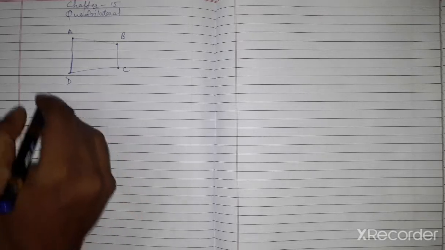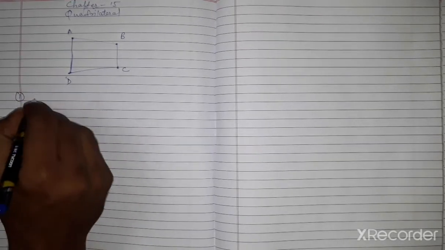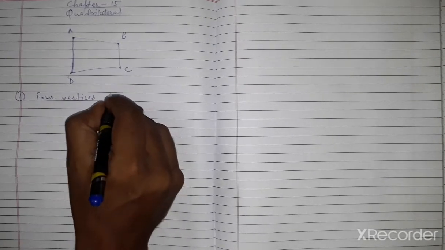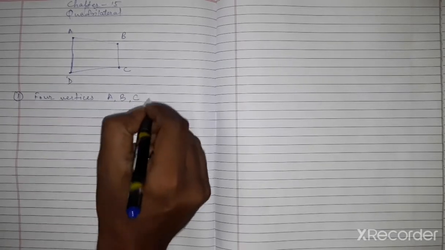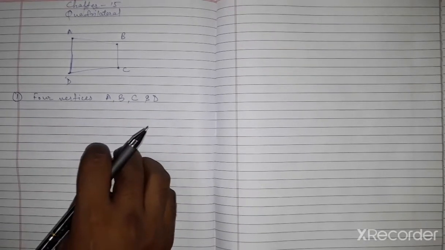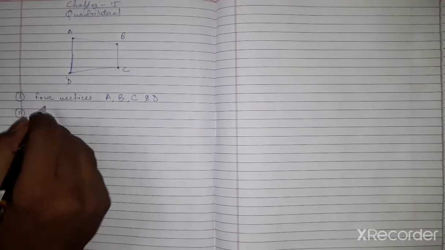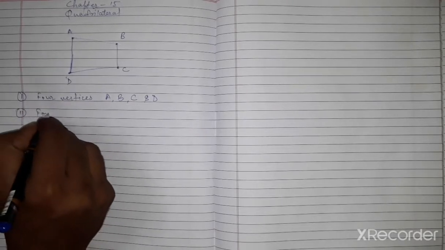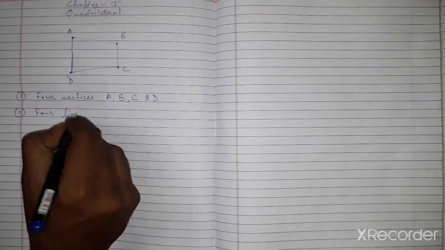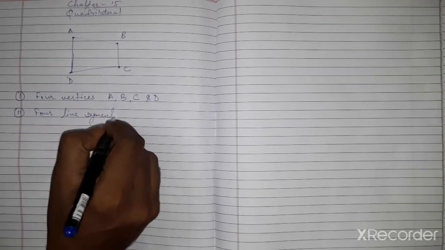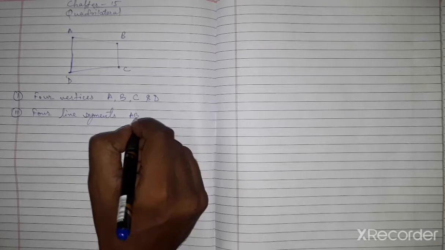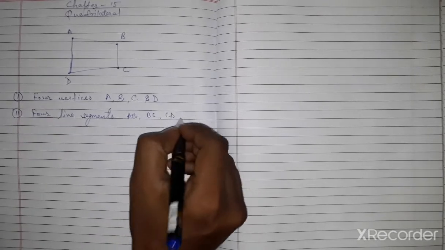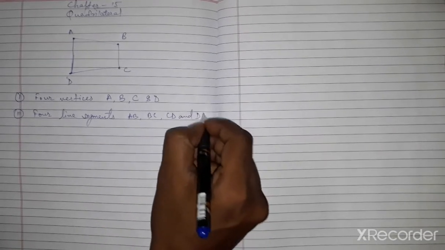Now in a quadrilateral ABCD there are, number 1, 4 vertices, namely A, B, C and D. Number 2, there are 4 line segments, namely AB, BC, CD and DA.